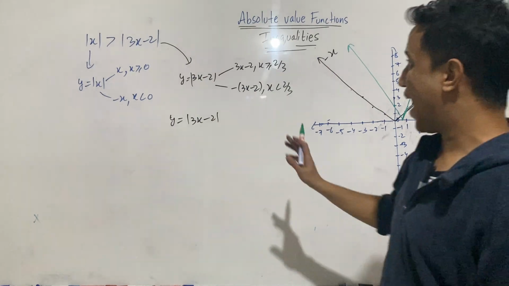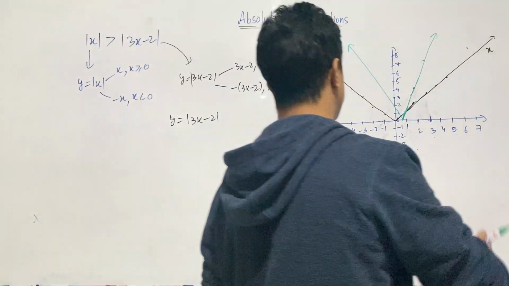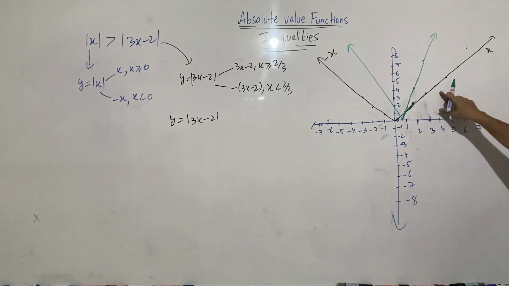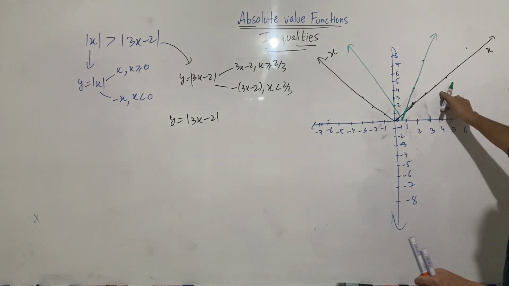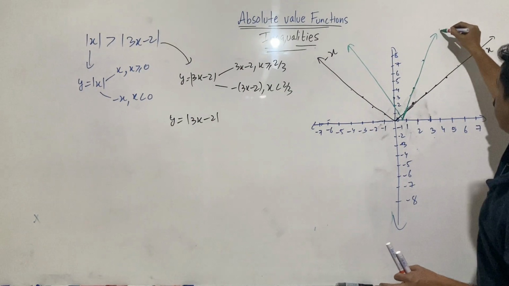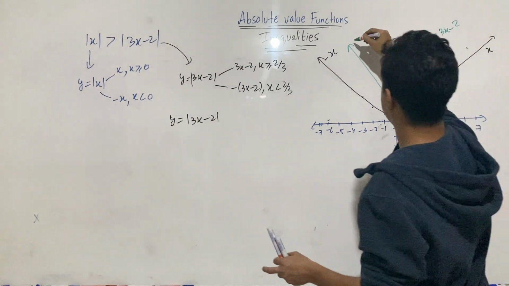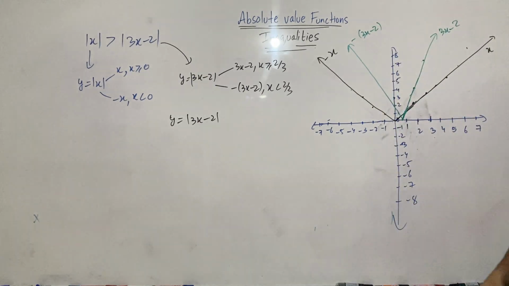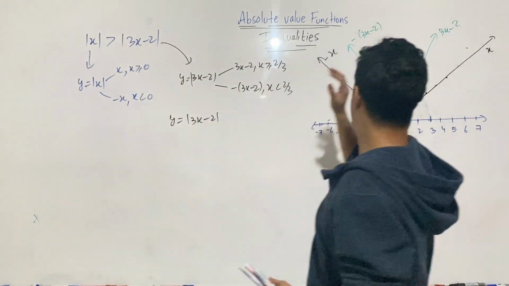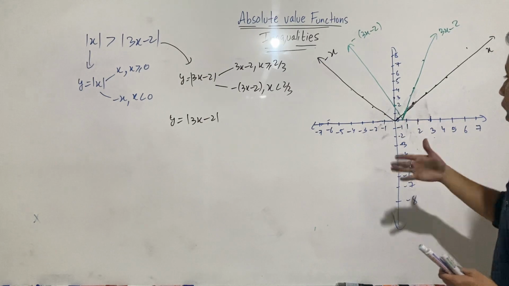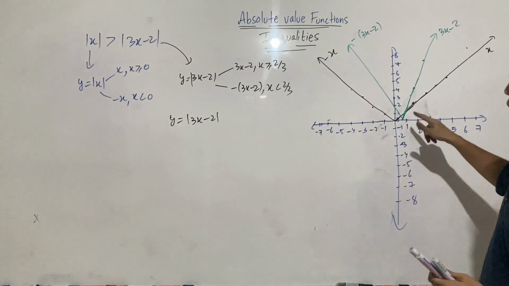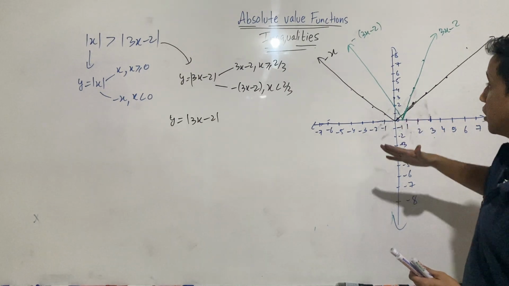Okay. Now, see here, it says x greater than means the part of the black curve that lies above the green curve. This is 3x minus 2. This is minus 3x minus 2, so this inequality means the part of the black curve that lies above the green curve.